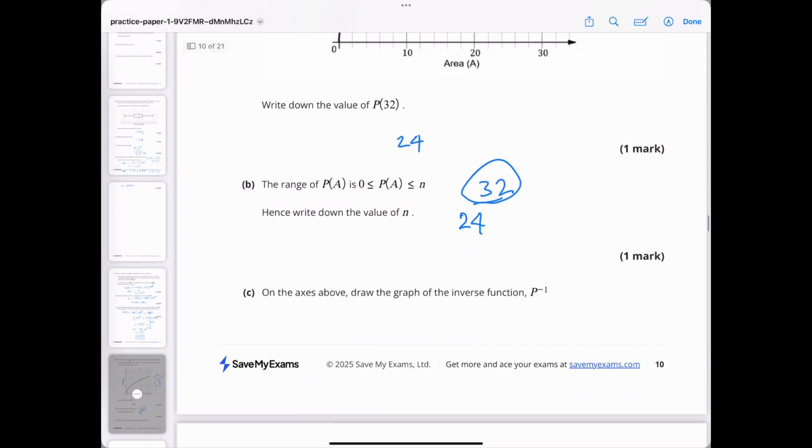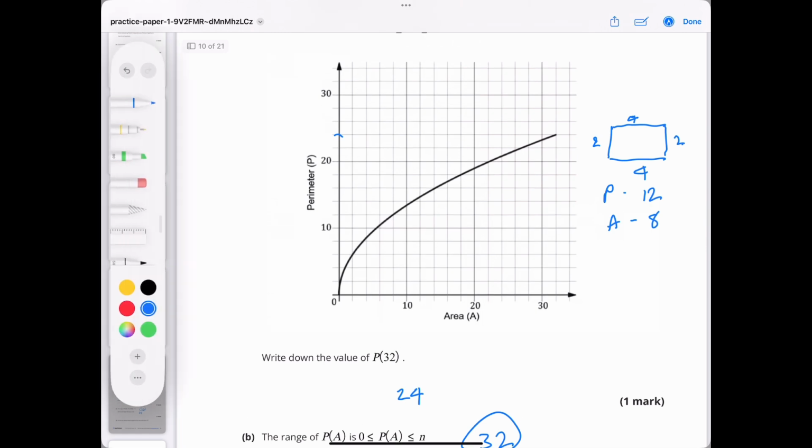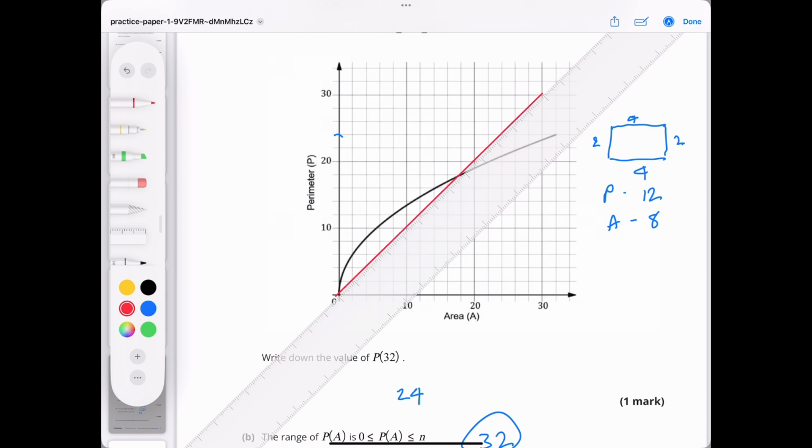On the axes, draw the graph of the inverse function. What you have to do to find an inverse function is put in x equals y, which is this one there, so you've just got to make sure it goes through all those. That's that bit. Then we put in this.